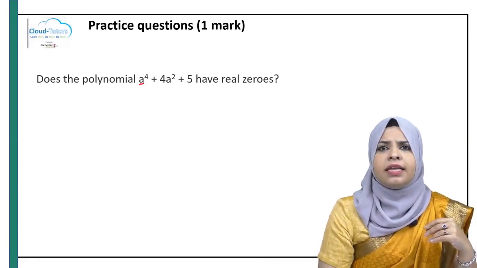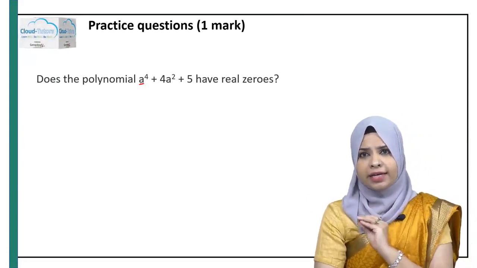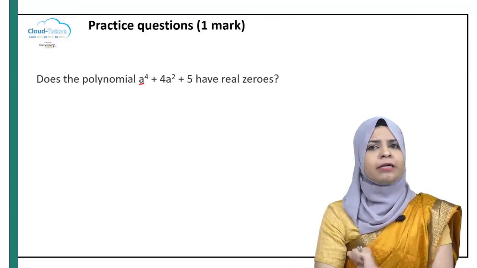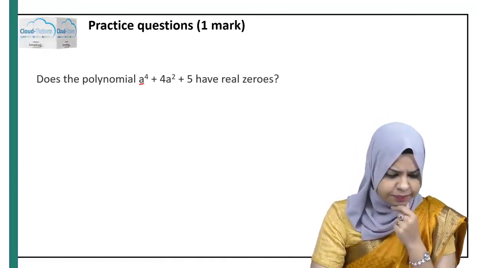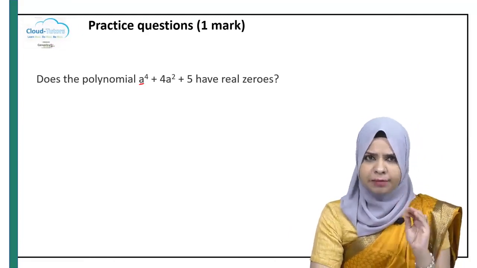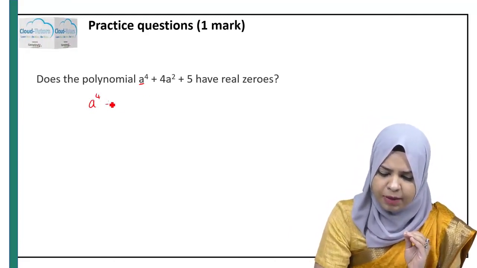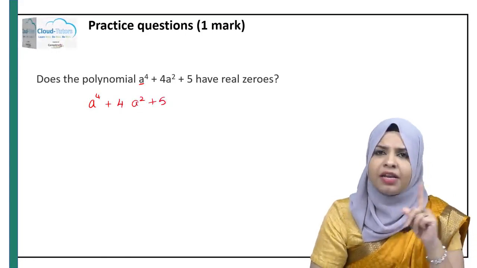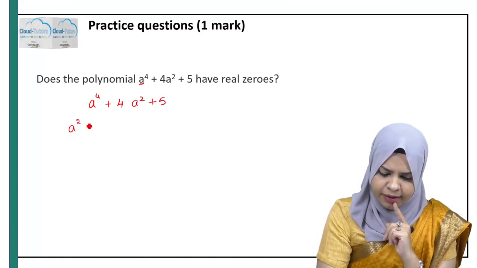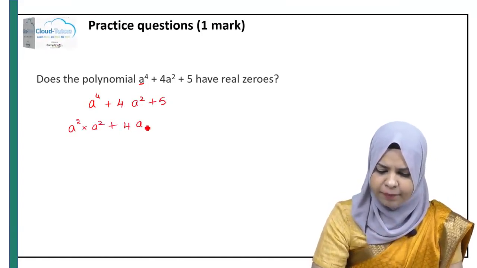And we have not seen any examples relating to biquadratic polynomials. When the degree is 4, it becomes a biquadratic polynomial. So let me make an assumption here. This expression a power 4 plus 4a square plus 5 can be rewritten as a square into a square plus 4a square plus 5.